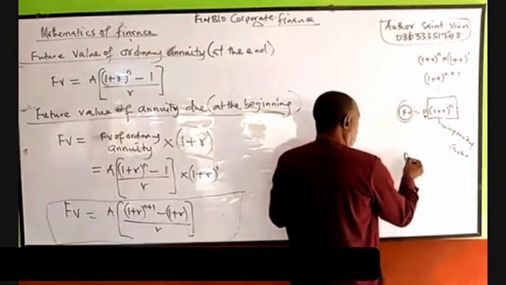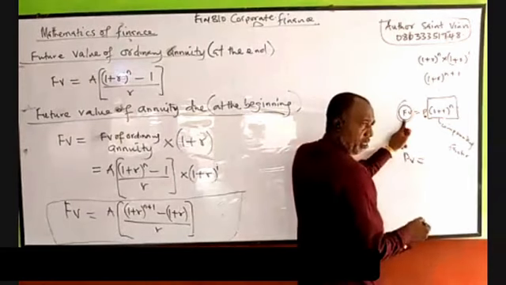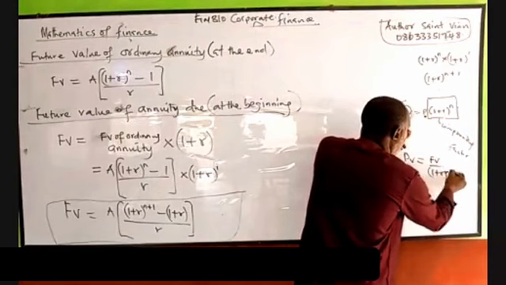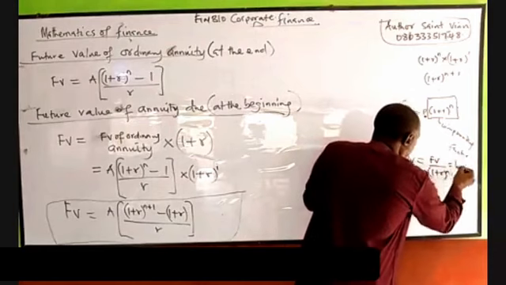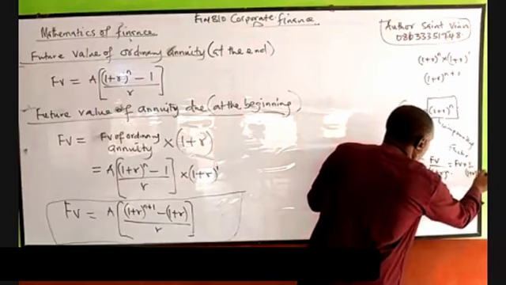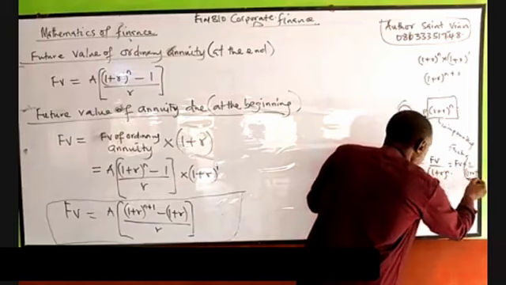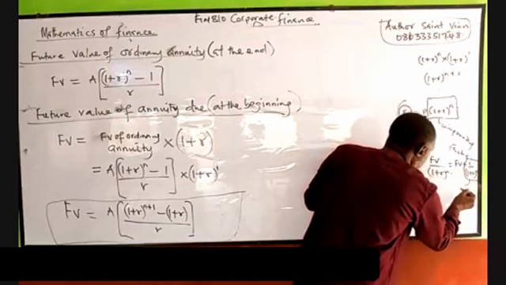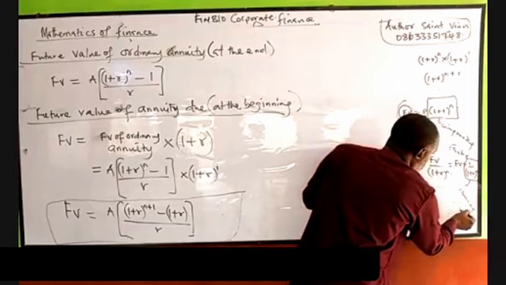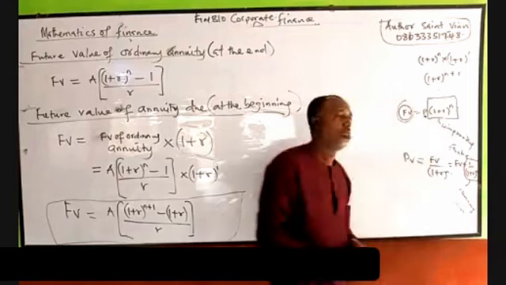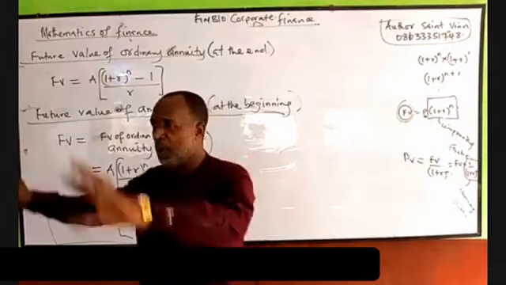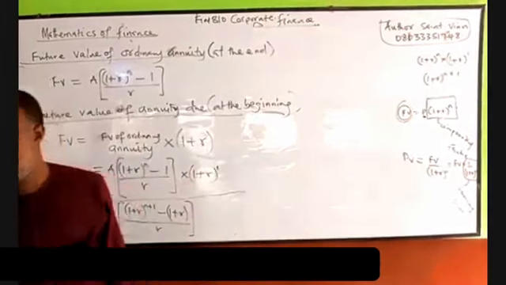Now, if I want to get the present, this is my future. I will divide it by (1 + r)^n. And you are aware that this is the same thing as 1 over (1 + r) all raised to power n. This is the discounting. So we go from future to present: 1 over (1 + r)^n. Is it clear?